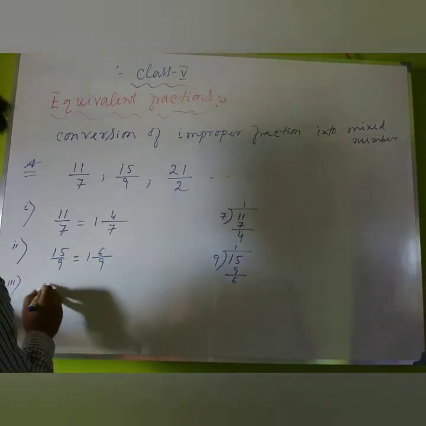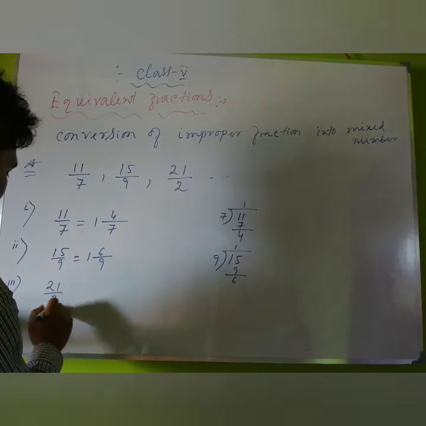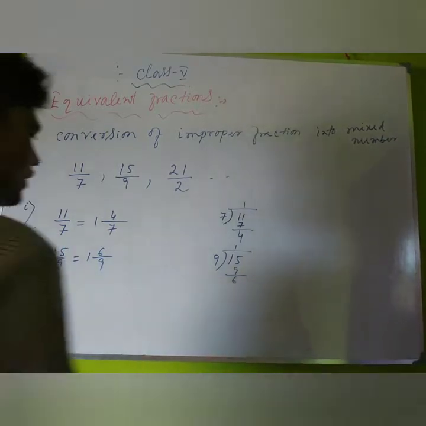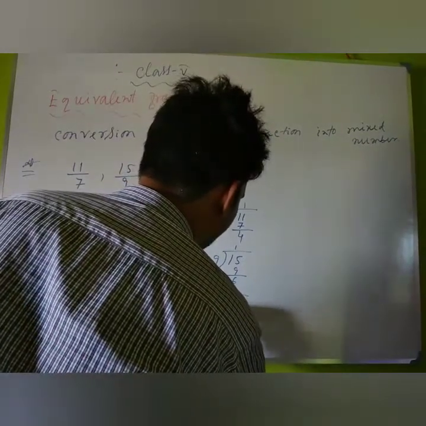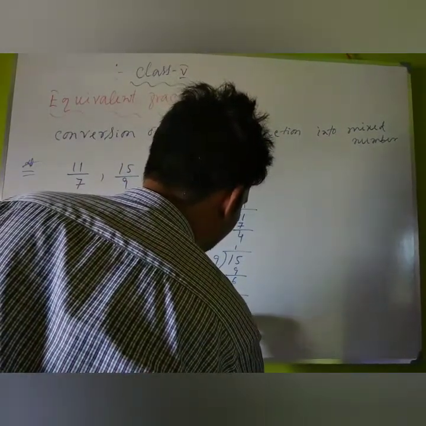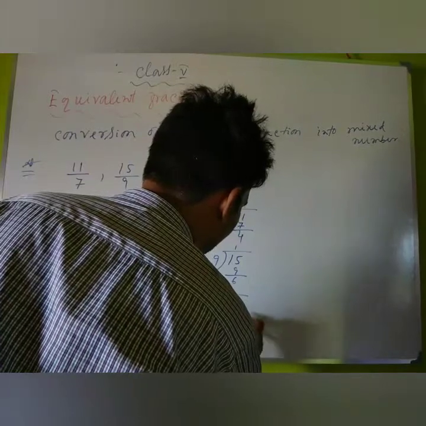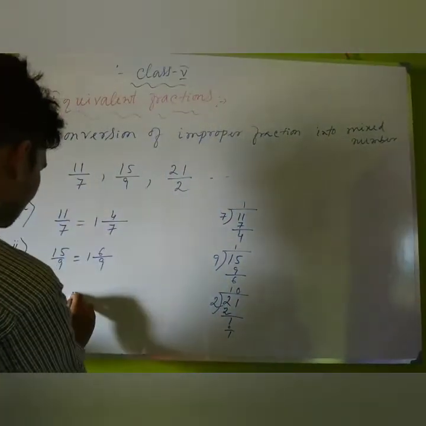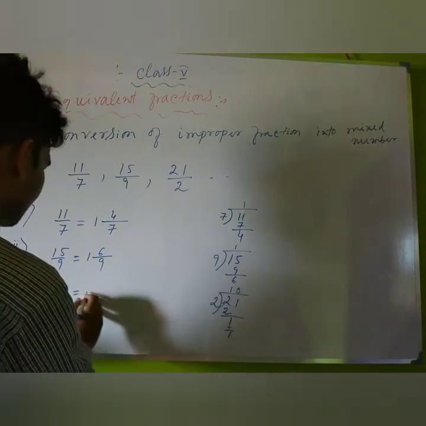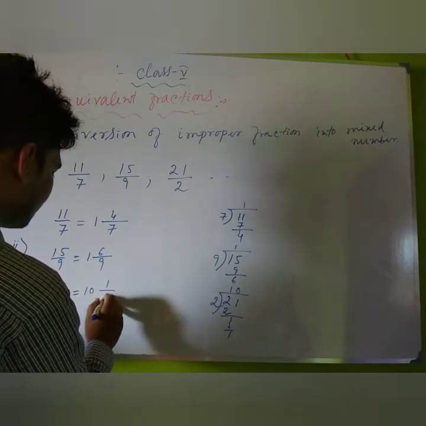Third, 21 by 2. So 21 divided by 2, the quotient is 10, remainder 1, so 10 and 1 by 2.